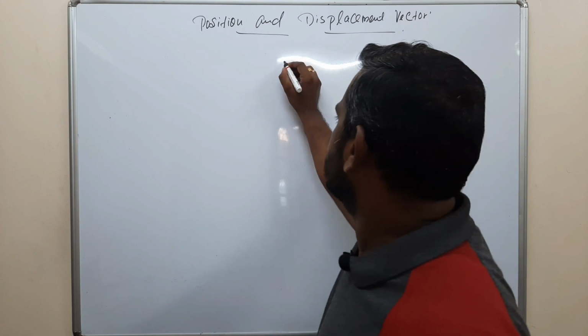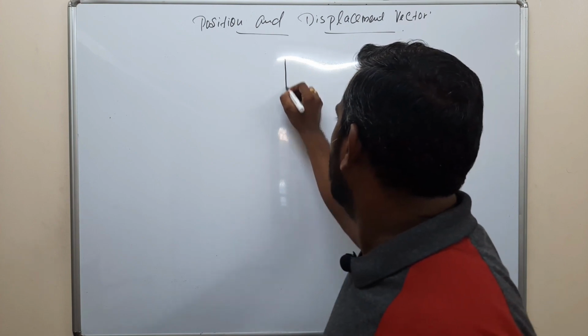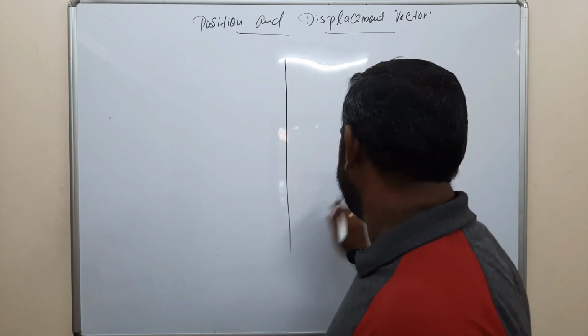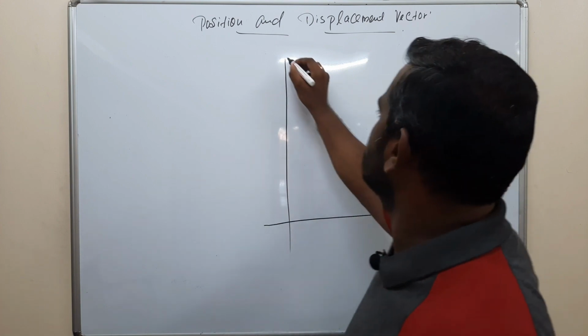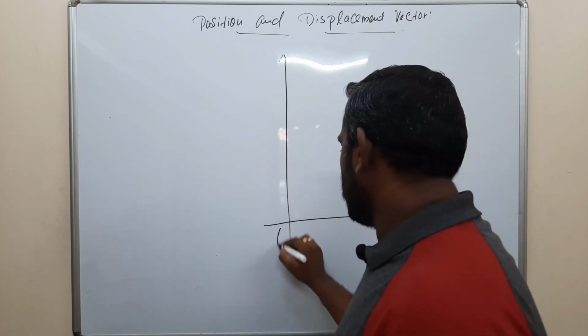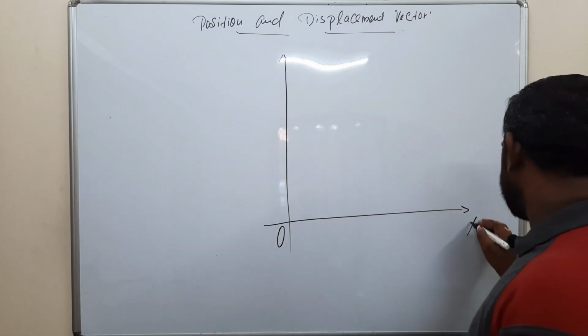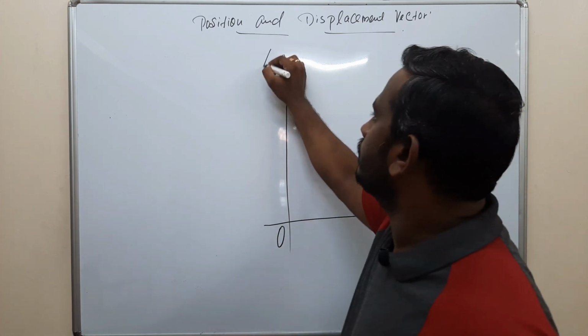So again consider the Cartesian coordinate system. This is the origin, this is x and this is y.